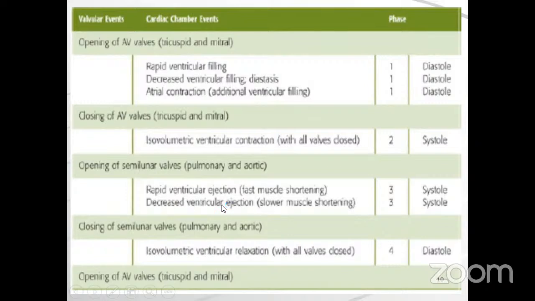Once the blood moves out of the ventricle, the semilunar valve closes, and that is known as isovolumetric ventricular relaxation. The ventricle starts relaxing with all the valves closed. And once again a pressure change causes the opening of the AV valve. So it is clear that the valves open and close because of the pressure changes happening in the ventricle.